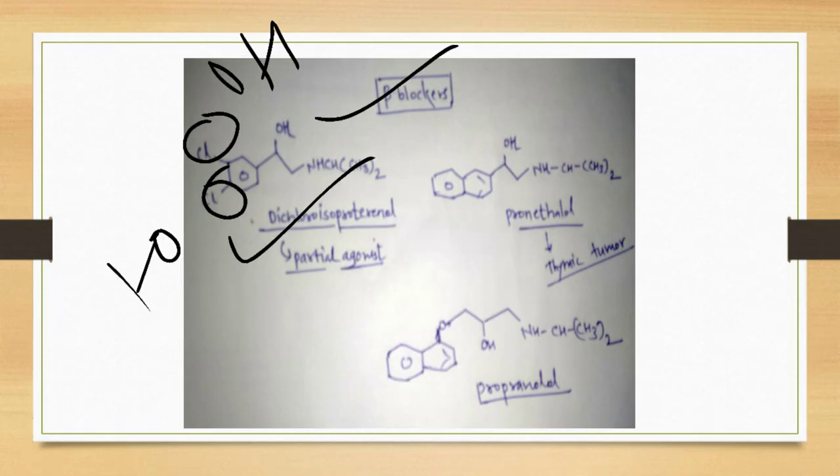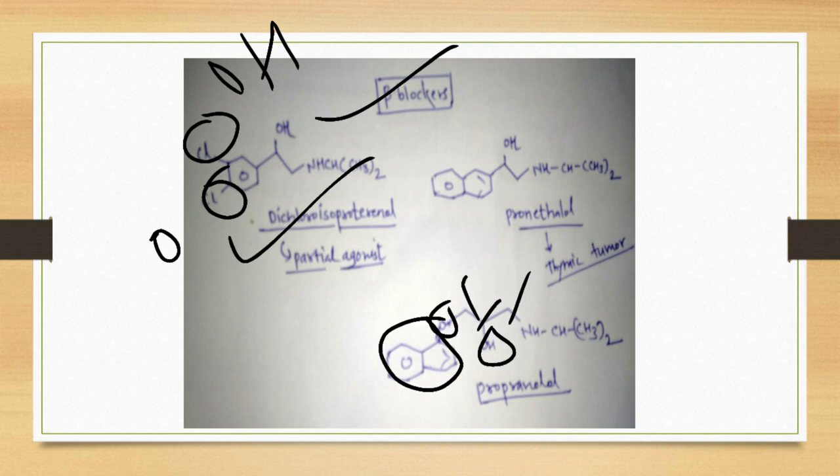So propranolol belongs to the class called aryl oxypropanolamine. You can observe aryl oxy, then 1, 2, 3 carbons along with the hydroxy group, so propanol, and finally amine.